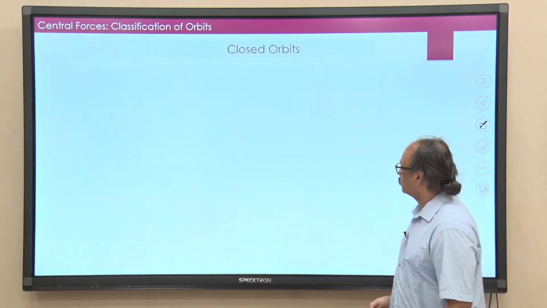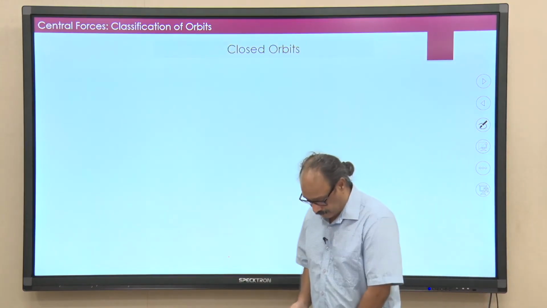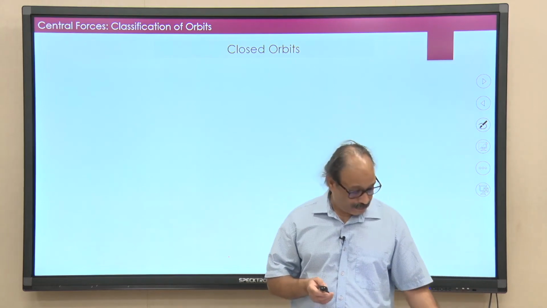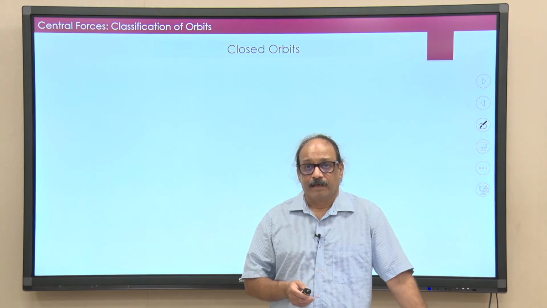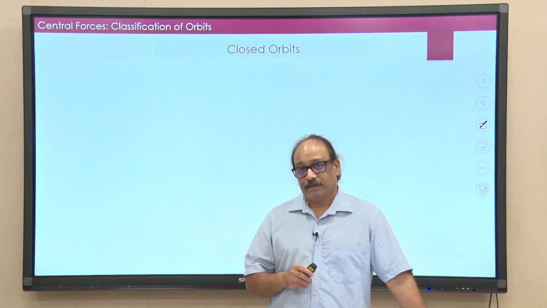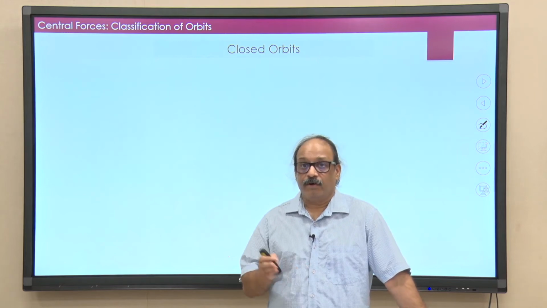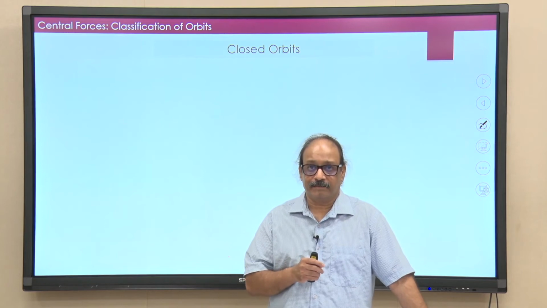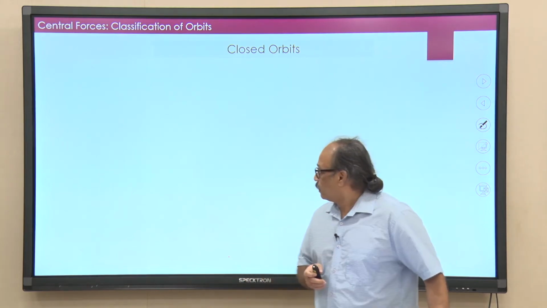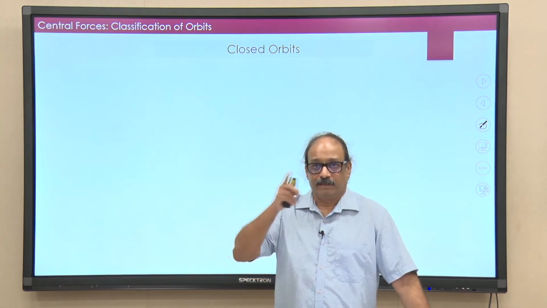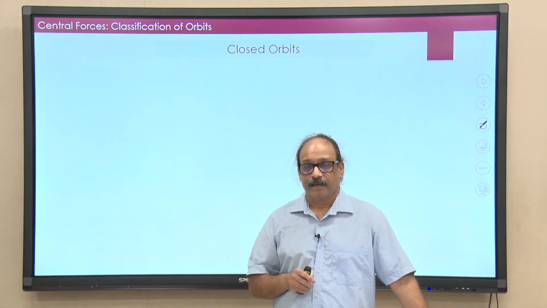Now, I will come to a more fascinating question. Whenever we look at the planets and planetary motion, we see all these closed orbits. Of all those orbits that we talked about in our last lecture, the bounded orbits, they of course go around the center of the force.